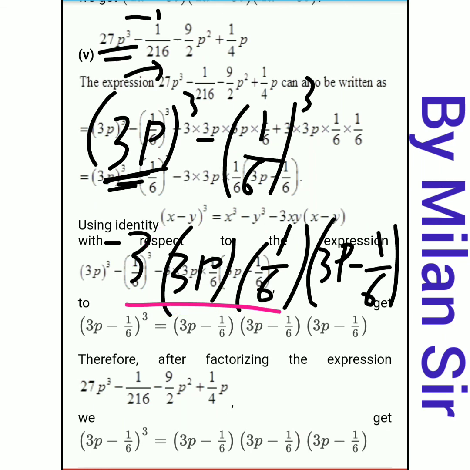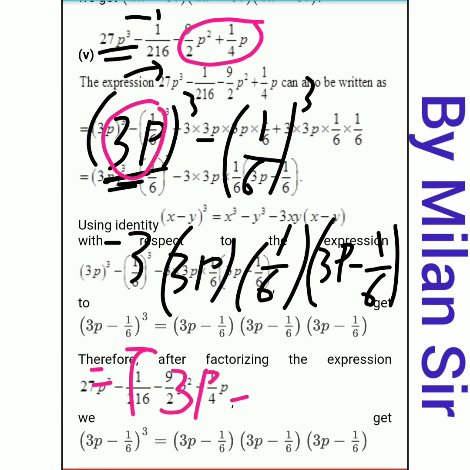That means we can use this identity. Our step is correct. So our answer is first bracket 3p, negative sign, second bracket 1 by 6 all cube. So 3p minus 1 by 6 all cube.